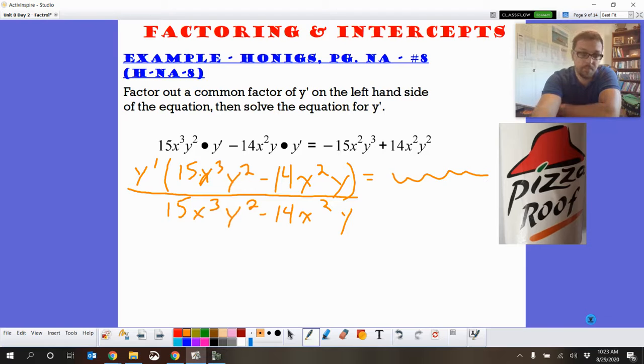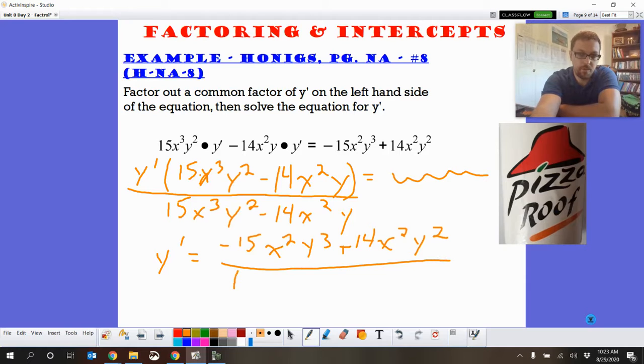Pretty neat. So we get y prime equals negative 15x squared y cubed plus 14x squared y squared all over 15x cubed y squared minus 14x squared y.